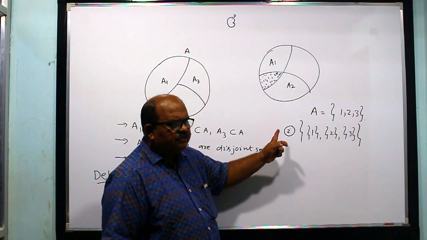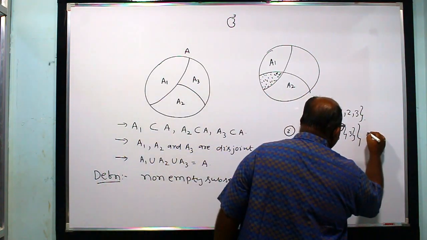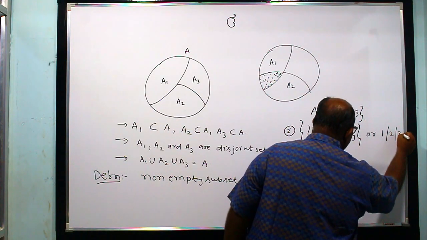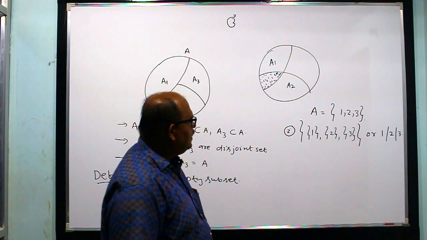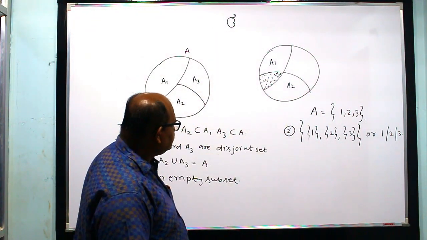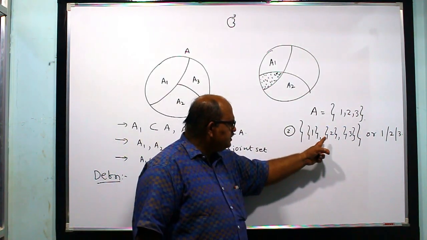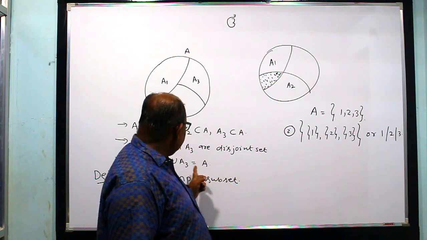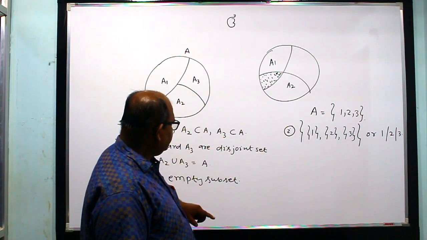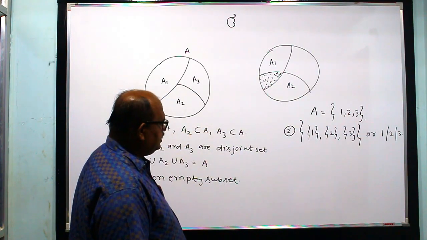So this is the first type of partition, also written as 1/2/3. Look, does it obey the partition conditions or not? They must be disjoint, and their union must give set A, and they must be subsets. It obeys all the following conditions, so that is a partition.